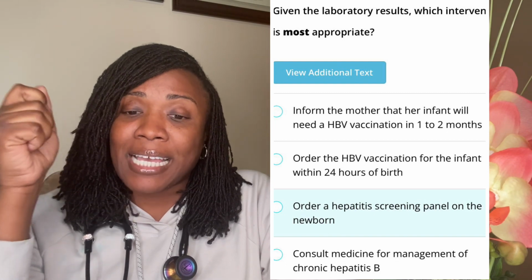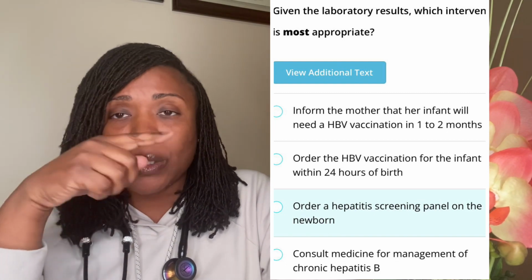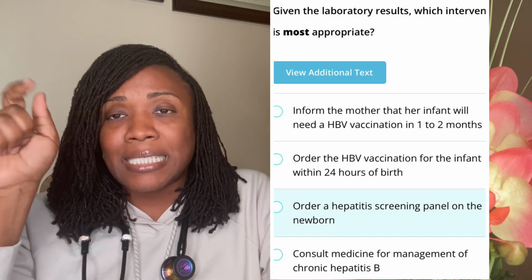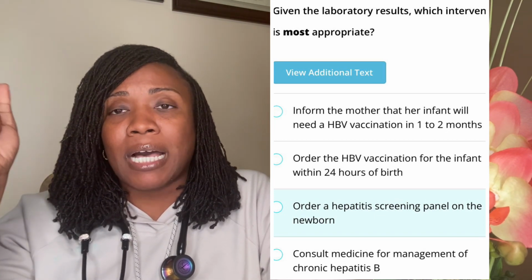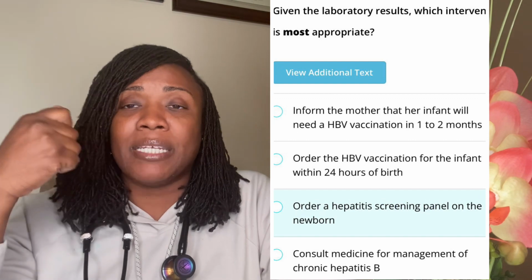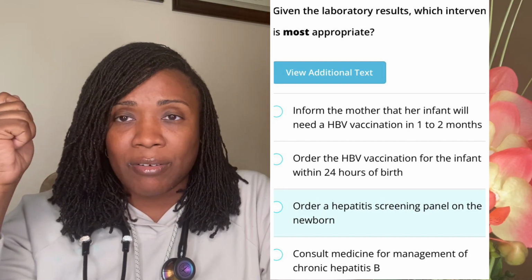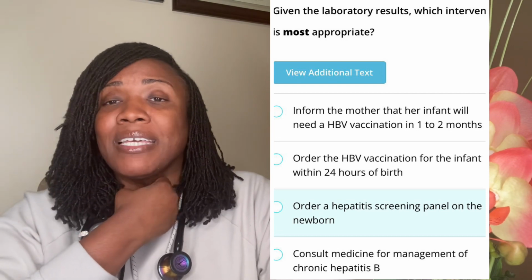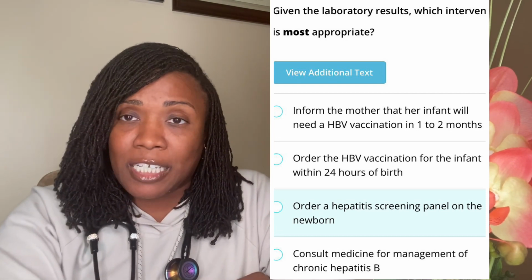And then that second vaccine is usually given once that child has been discharged from the hospital. The child now has a pediatrician, and then the child will get their next hepatitis vaccine within a month of getting the first hepatitis vaccine.